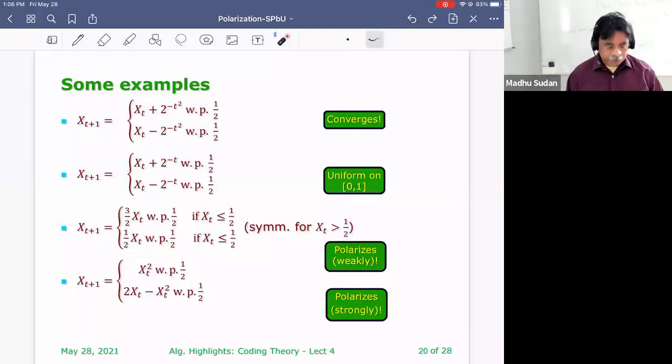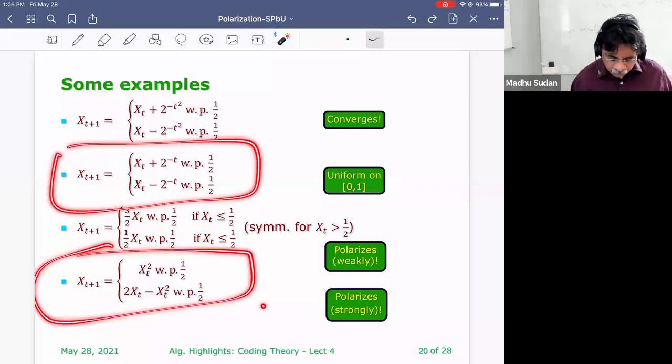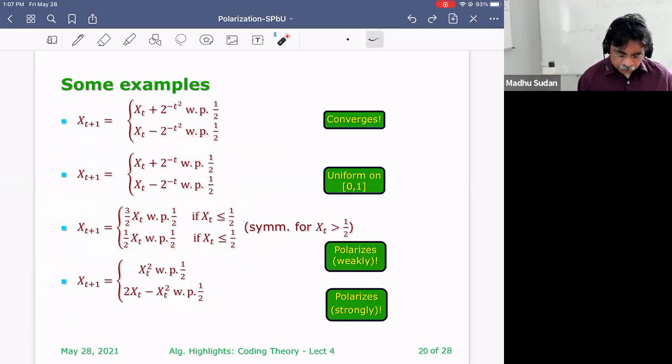So here are some example martingales, all created to be simple, just to give you a little bit of a sense. Let's look at two example cases here. Suppose I take a martingale. For each time step t, I define what happens to it in one step. X_{t+1} is x_t plus 2^{-t} with probability 1/2, or x_t minus 2^{-t} with probability 1/2.